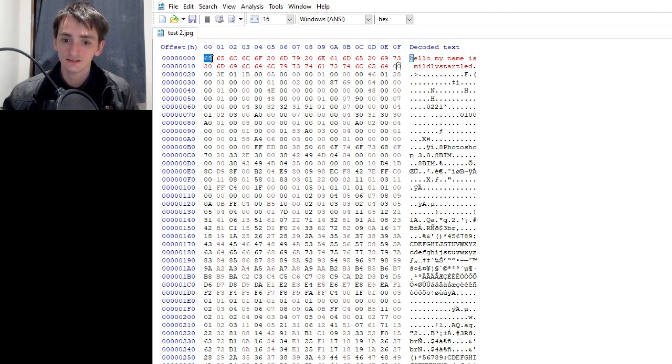So if we take a look at 68, that is H, and the binary value would be like 01101000. But I, the user, will see the letters when I open up Word or a TXT file: hello, my name is mildly startled. But how it's being stored is in binary on the computer, and how I'm looking at it now is in HEX.